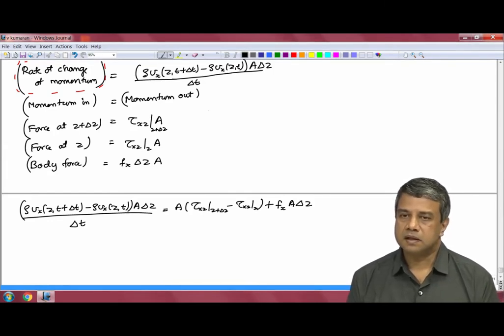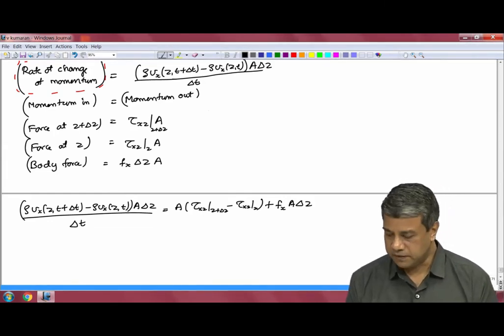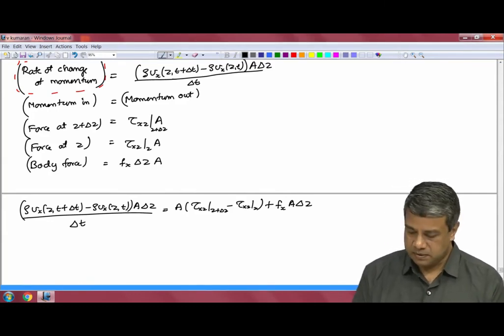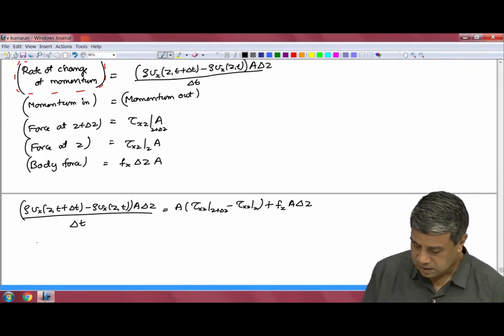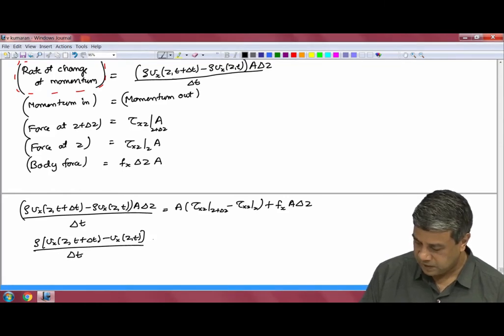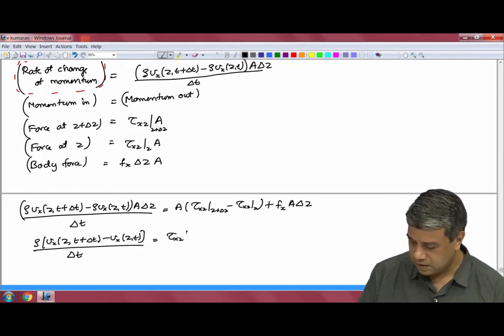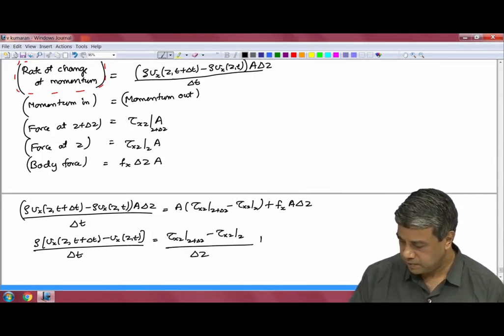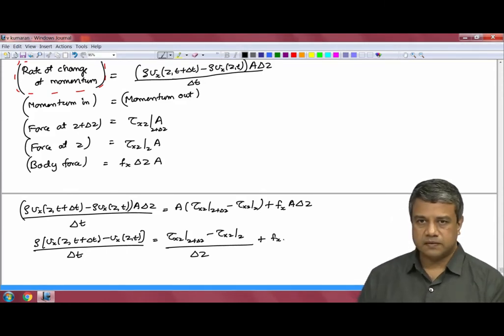To get an equation for the momentum density, we have to divide by A times delta z, and I will get rho into Vx at z, t plus delta t minus Vx at z, t, is equal to tau xz at z plus delta z, plus Fx, where Fx is the force density.